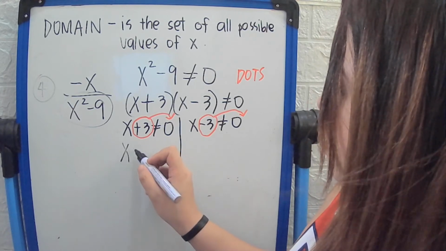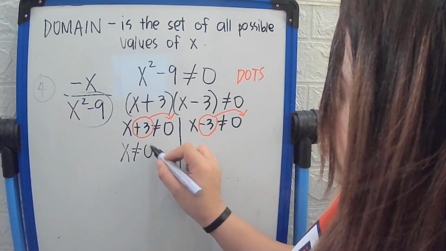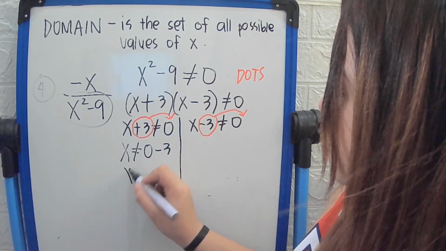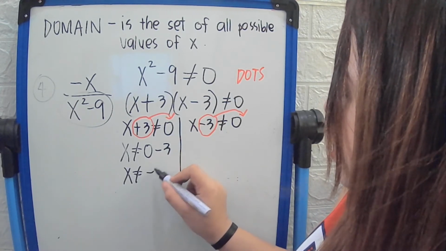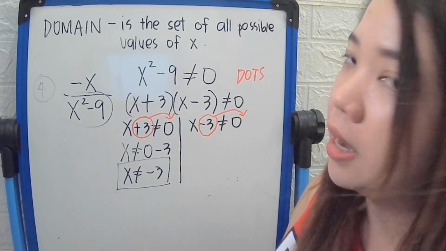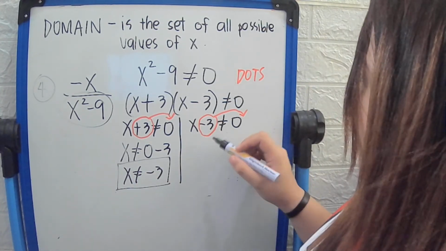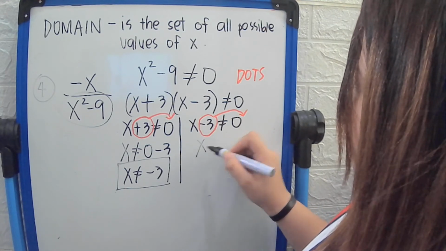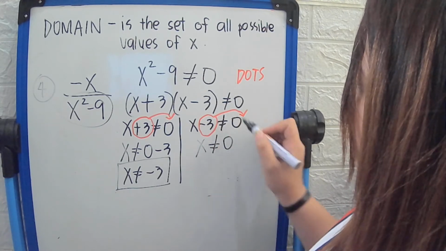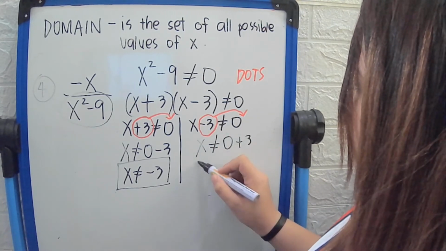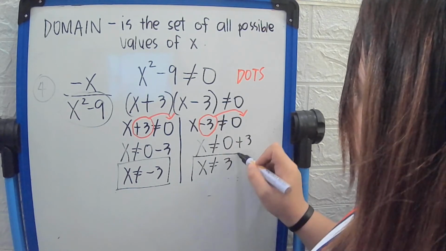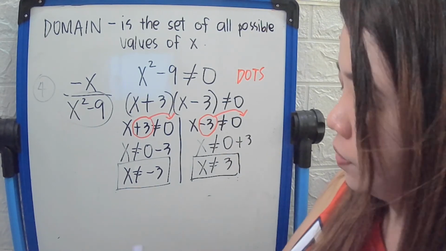So x will be left for you, 0, then plus 3 will be minus 3. So 0 minus 3 is negative 3. So your restriction here is that x should not be negative 3. Whereas here, you are left with x not equal to 0, then minus 3 will be plus 3. 0 plus 3 is 3. So there is another restriction for you.